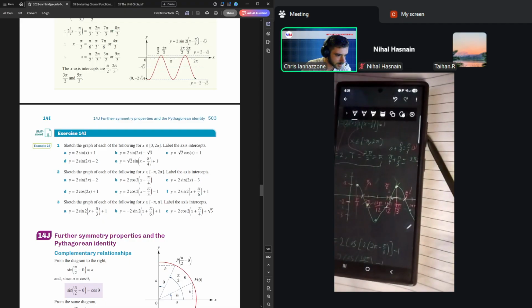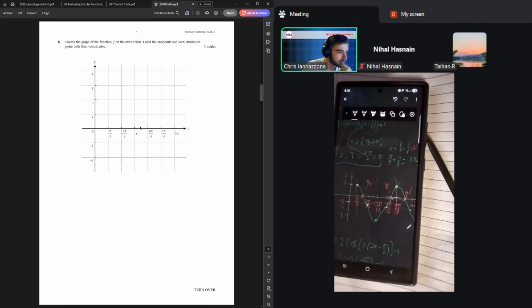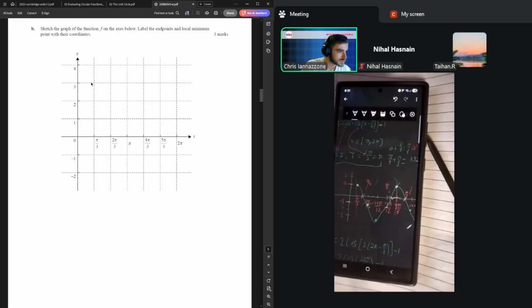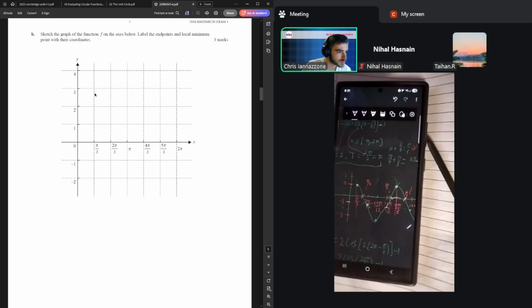Granted, if you had a look back at the, I'll pull it up again, the exam that we were looking at, the 2018 one, there's a grid. So it also helps a lot there because you can just use the grid lines to help out. As you can see, it's directly on there. It's pretty hard to screw up when there's a grid as well. Oh wow, they give you a scale as well.